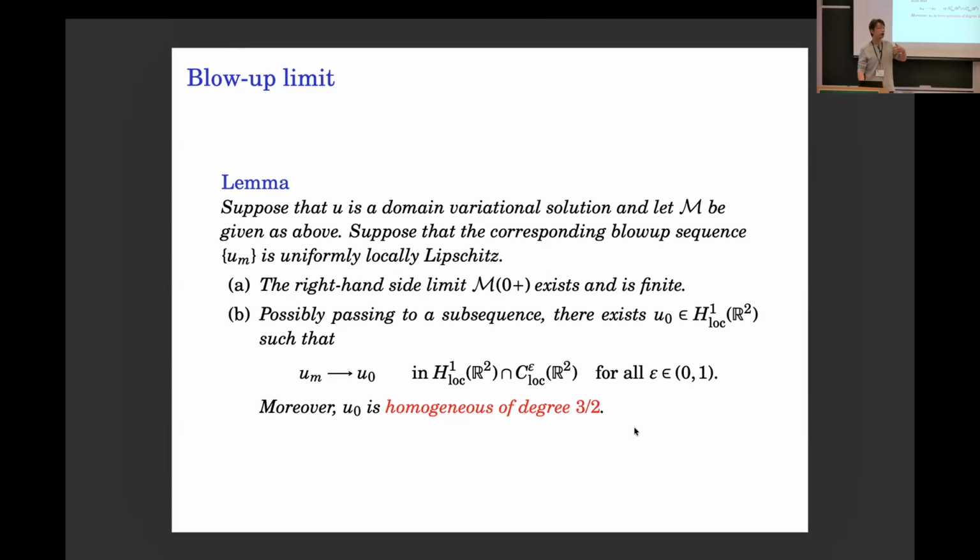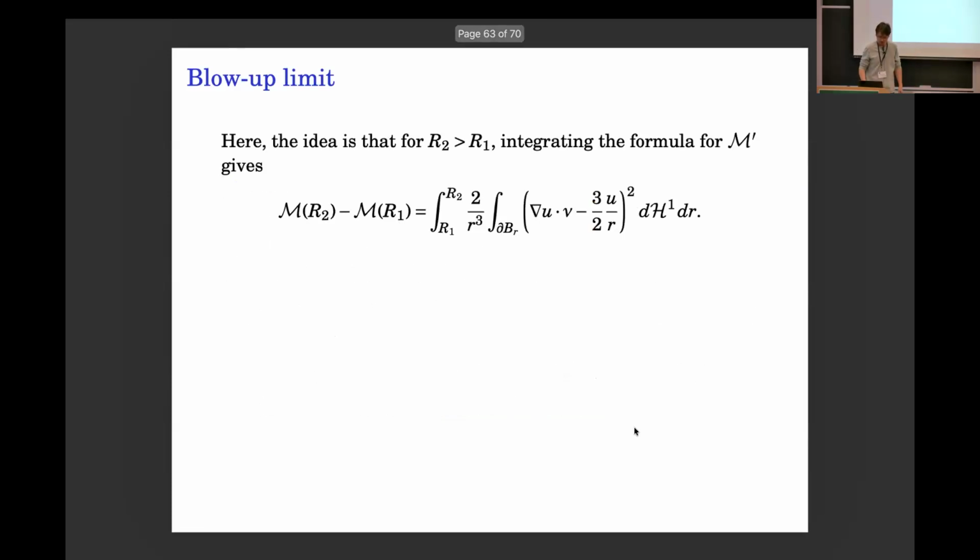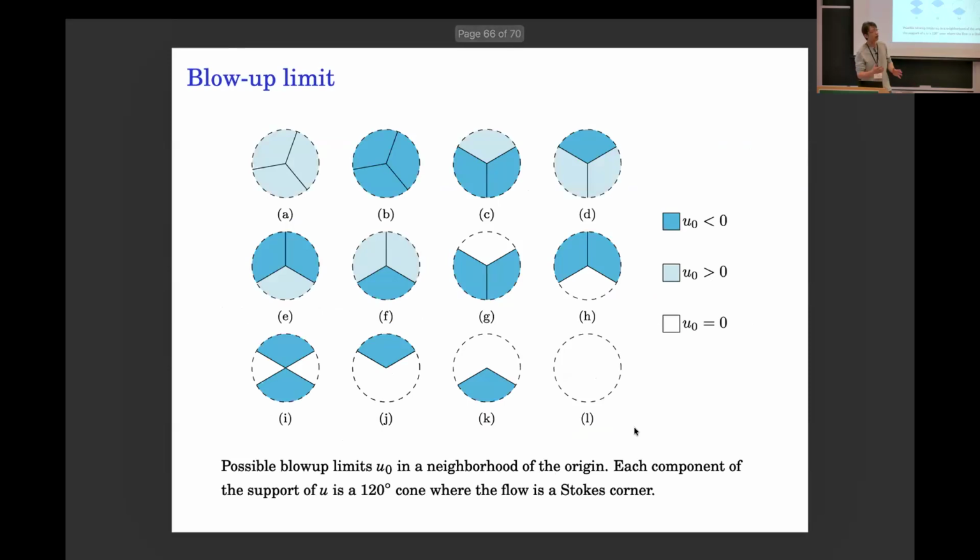Then you plug everything in, and with a little bit of help from combinatorics, you see 12 possible scenarios. You see that these solid lines make a 120-degree angle pairwise.